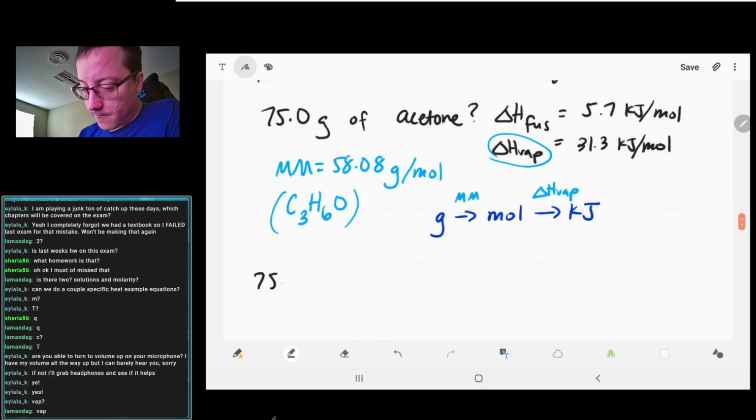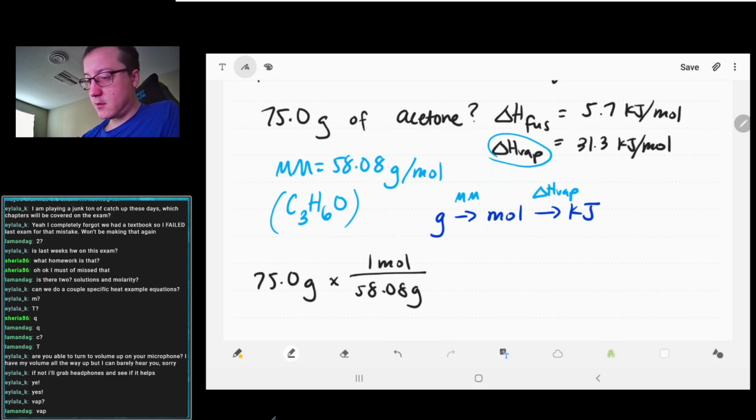We would, of course, want to put our grams on the bottom because we want moles. And then we would put in our delta H, and we would go ahead and solve it.